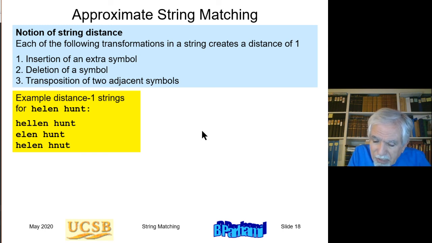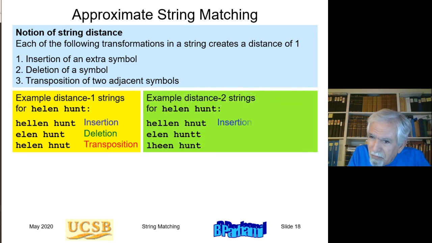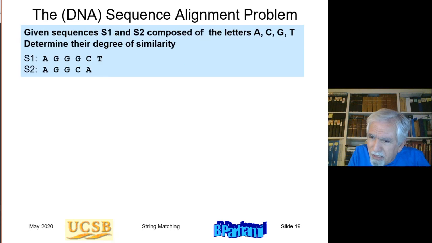This leads to ways of trying to guess what you meant when your search does not return many matches. Okay, so I'm going to skip the rest of this slide and show you the next slide, which is a bit more interesting.